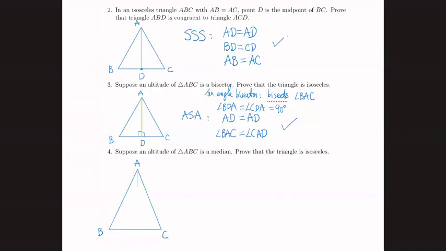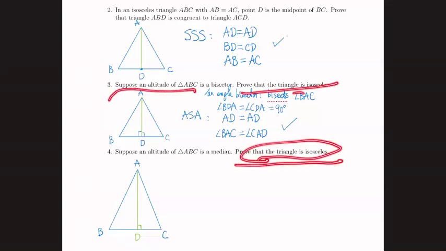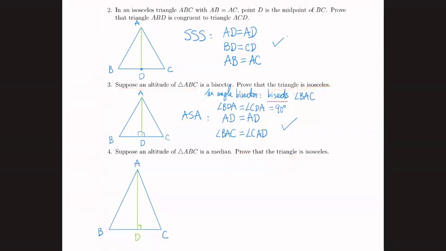Let's draw the altitude. Compared with the previous one, where the altitude is the angle bisector, in this one, the altitude is the median. How to prove the triangle is isosceles? So similar conclusions, but different assumptions.